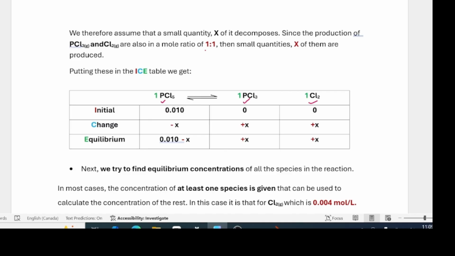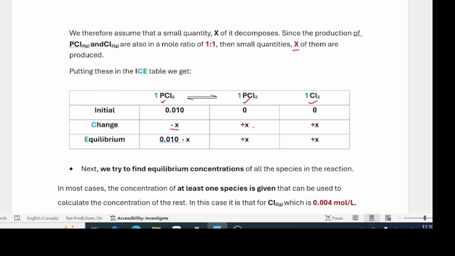1:1:1 mole ratios, but because it is a reversible reaction and it does not go to completion, only a small amount X gets decomposed. So we shall represent that by a change that is called minus X, because we are removing things from this area here. But at the same time, an equivalent amount of phosphorus trichloride and chlorine is produced.